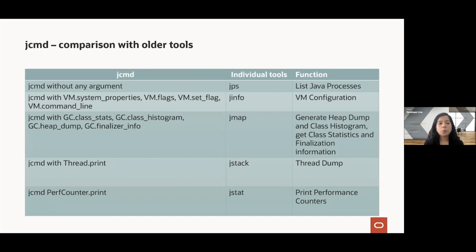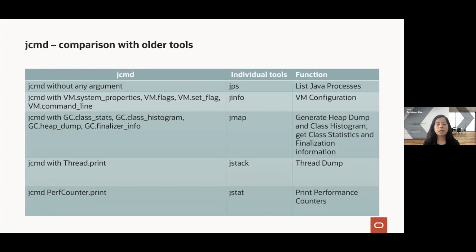Now, a quick comparison between jcmd and some of the older individual tools. For example, if jcmd is used without any argument, it lists all the Java processes running on a target system, which is what jps does.